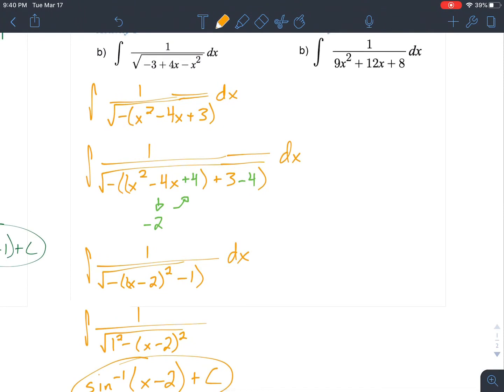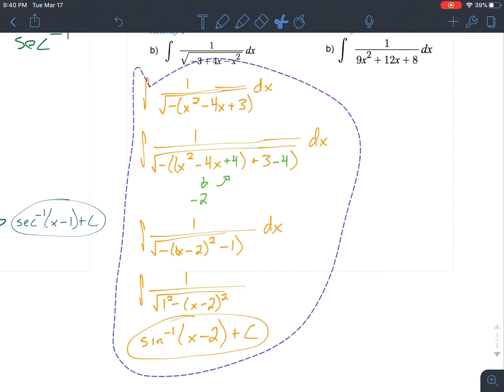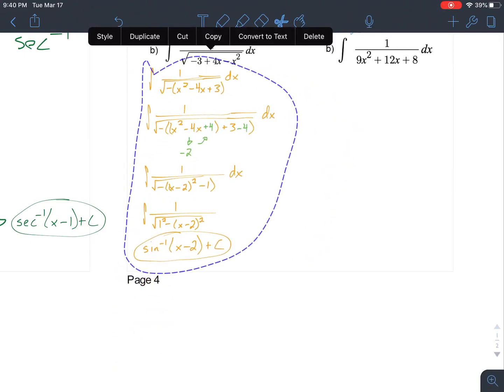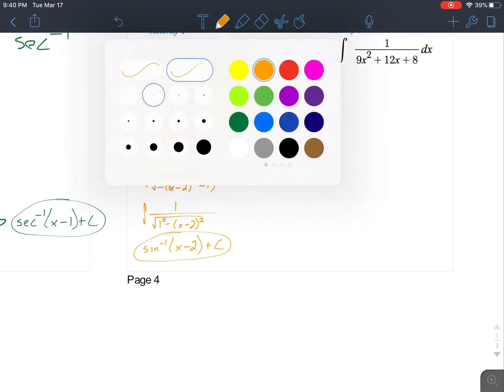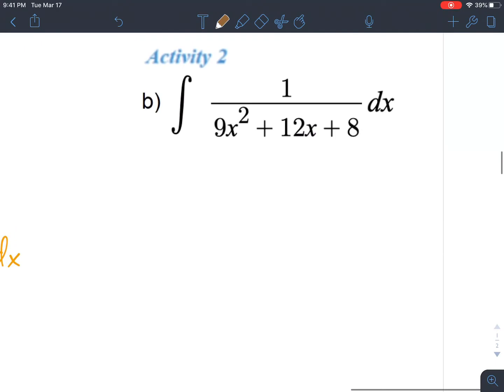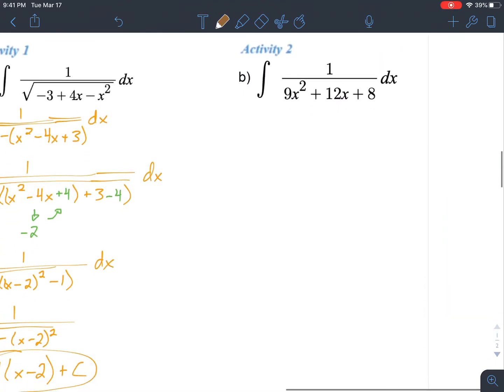Okay, now on to part B. So B, unfortunately, has an a value that is not going to be 1, and instead is going to be 9. So we're going to have to factor that 9 out in order to solve this. So, sorry, I'm zooming in a little too much there.